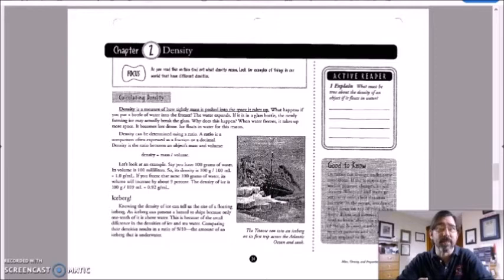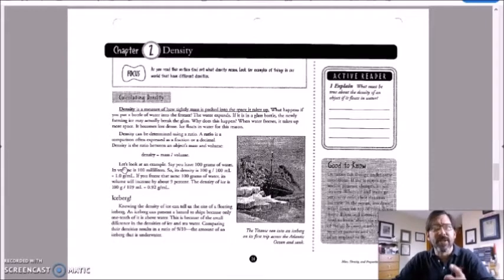Let's look at this example. Say you have 100 grams of water. Its volume is 100 milliliters. So its density is 100 grams divided by 100 milliliters, which is equal to 1.00 grams per milliliter.